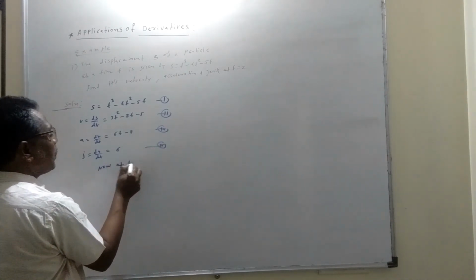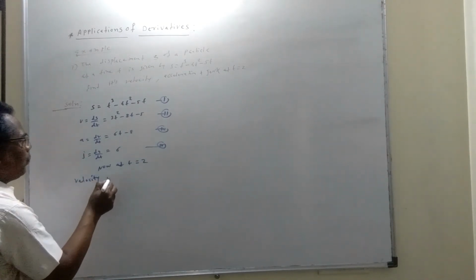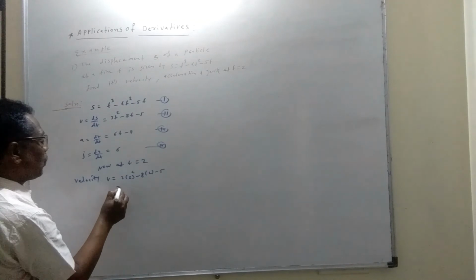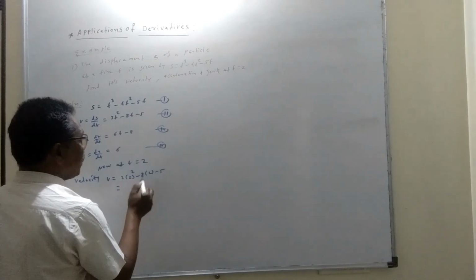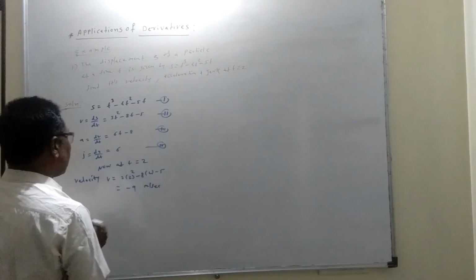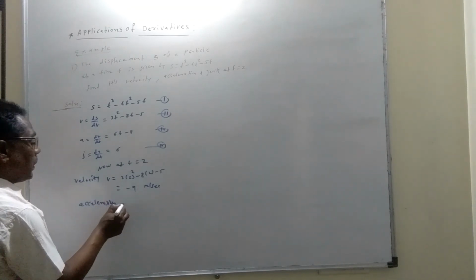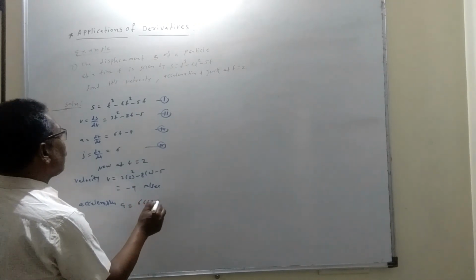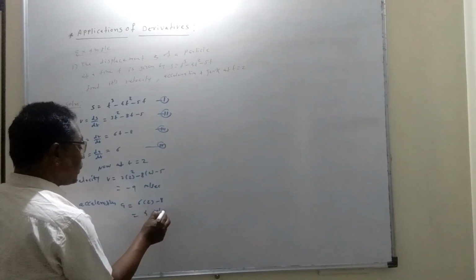Now at t is equal to 2, velocity v equal to 3 into 2 square minus 8 into 2 minus 5. So 2 square 4, 4 into 3 12, 12 minus 16 minus 5, so minus 9 meter per second. Acceleration A equal to 6 into 2 minus 8, so 4 meter per second square.